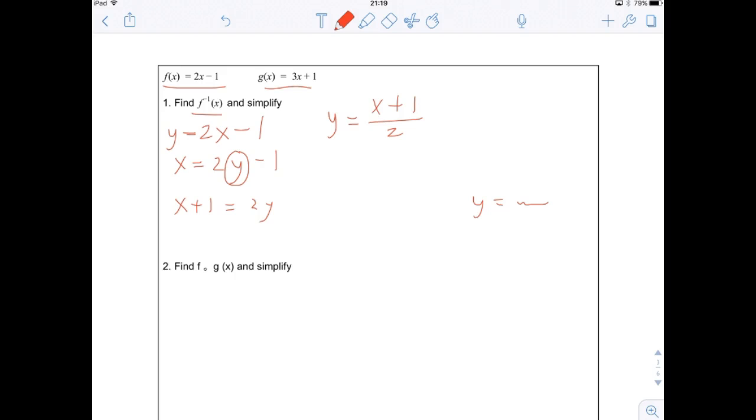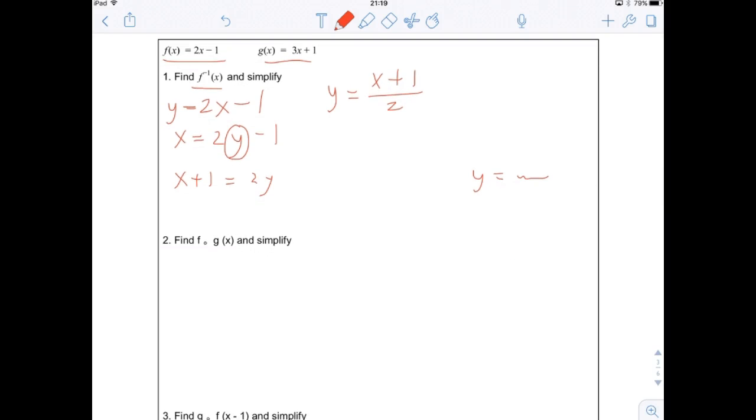All right, let's go to the next one. Now it says to find f follows g. Remember that that open circle is called follows. F follows g, and simplify. Okay, so f follows g means that g comes first and f comes second. So first comes g, and then we're going to take the output of g and we're going to put it inside f of x.